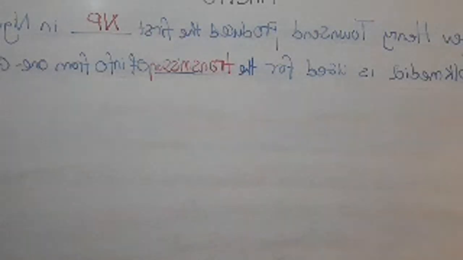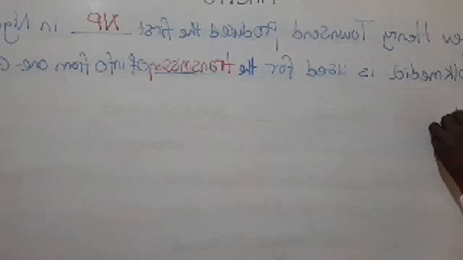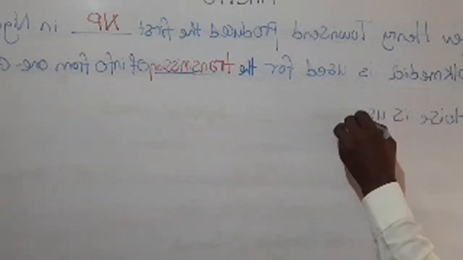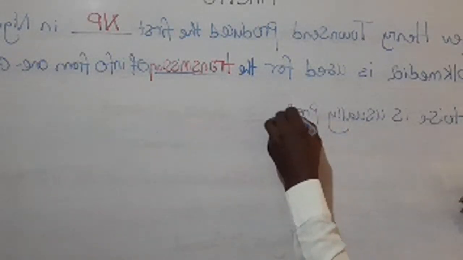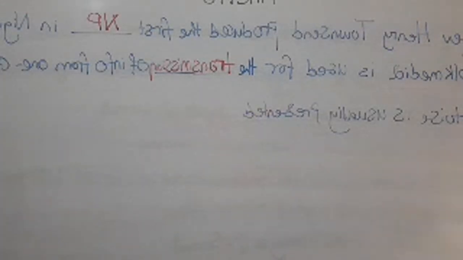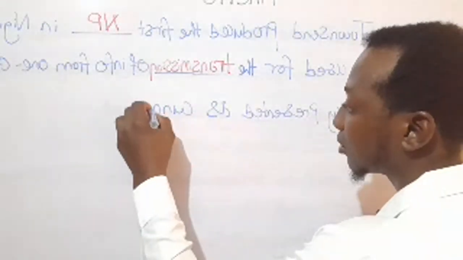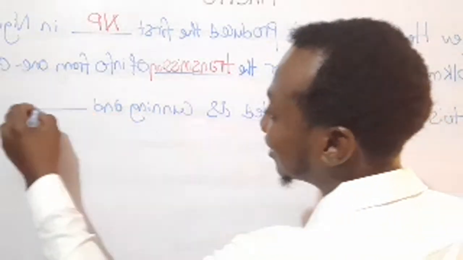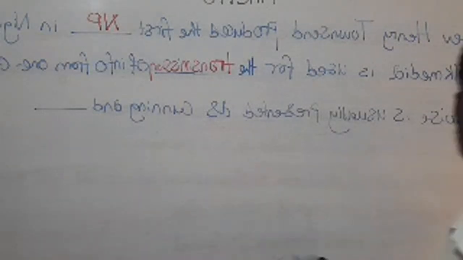Now it says here, tortoise is usually presented as Connie and dash in folk tales.